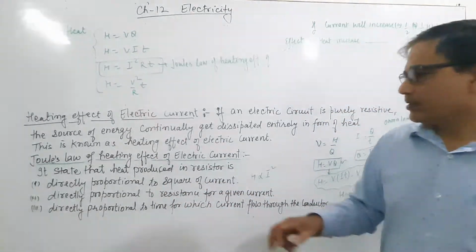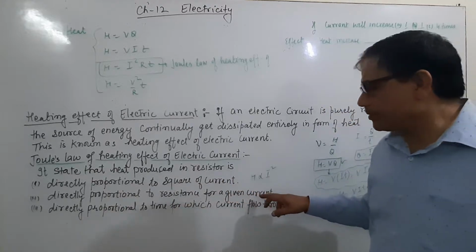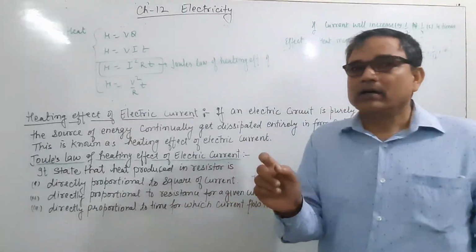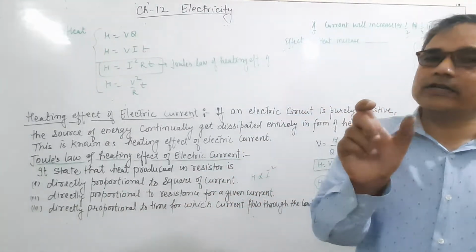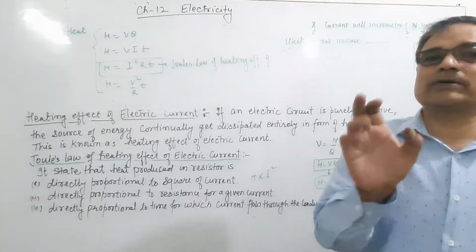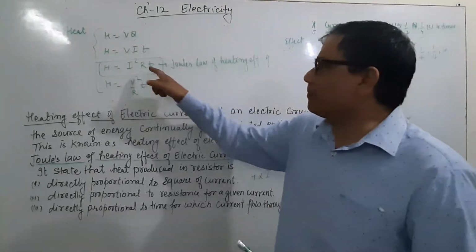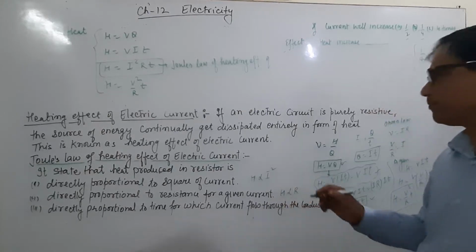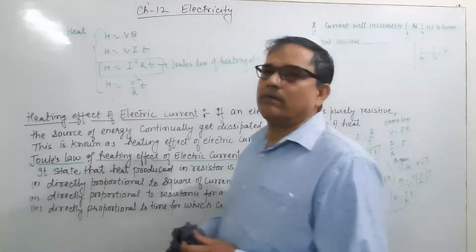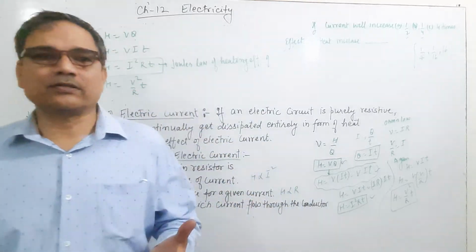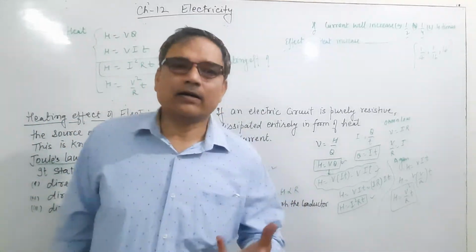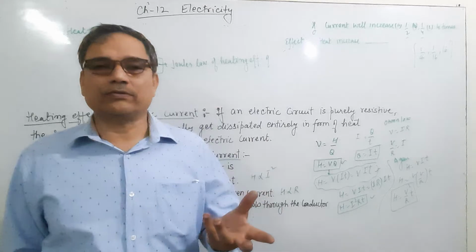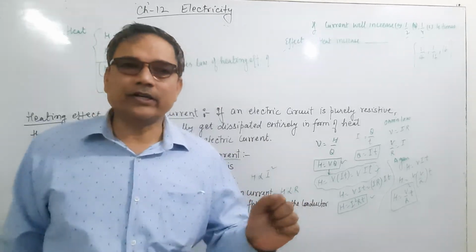For the given current, the current for that circuit is fixed. Then heat is directly proportional to the resistance. This means that when we increase the resistance, if we take a more resistive material, the heat will increase. Why?